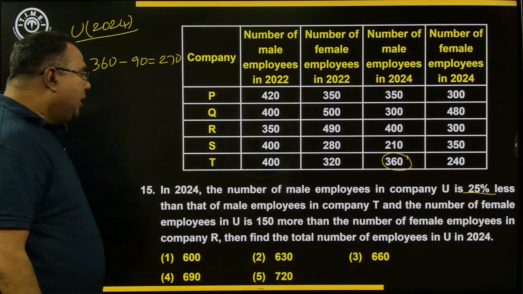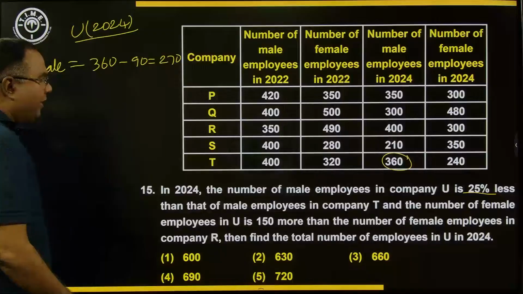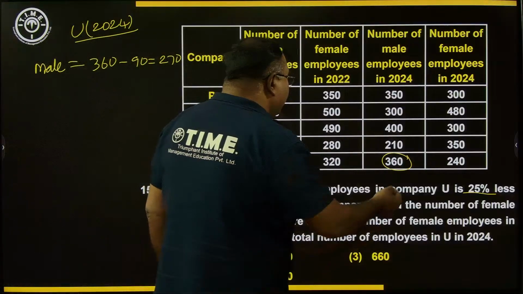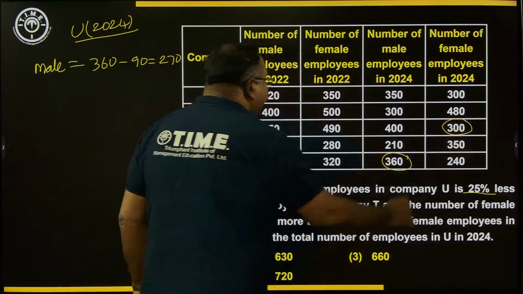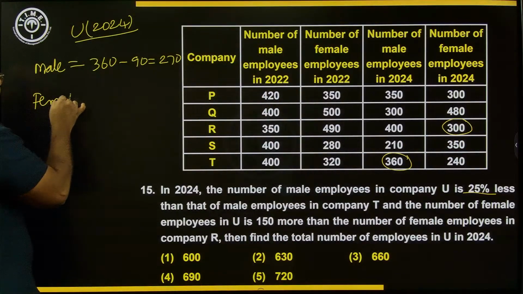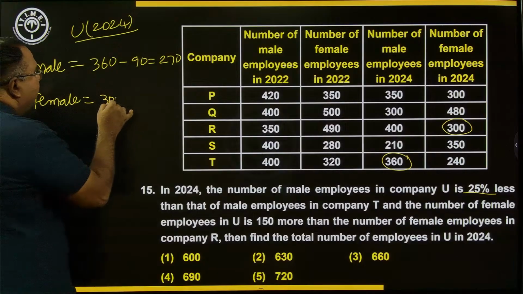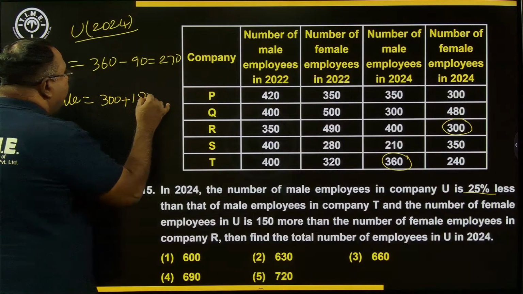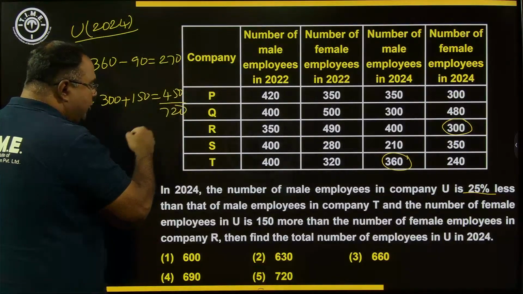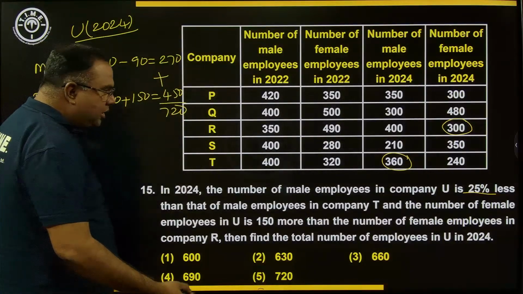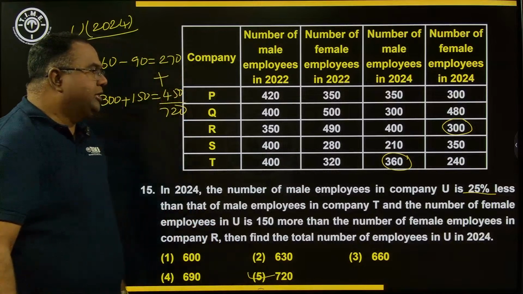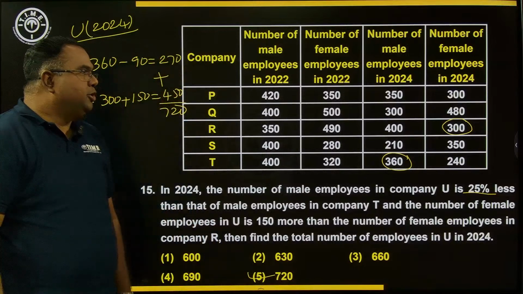Okay. And number of female employees in U, 150 more than female employees in R. R 2024 female employees is 300. So it has to be 150 more. 300 plus 150, 450. So 720 has to be your answer. Total employees in U, that's the question. Right? So male plus female, 720. It is present in choice 5.